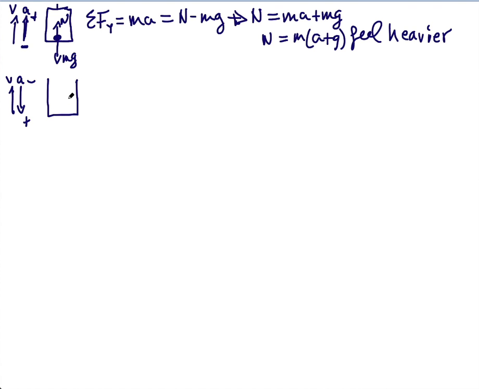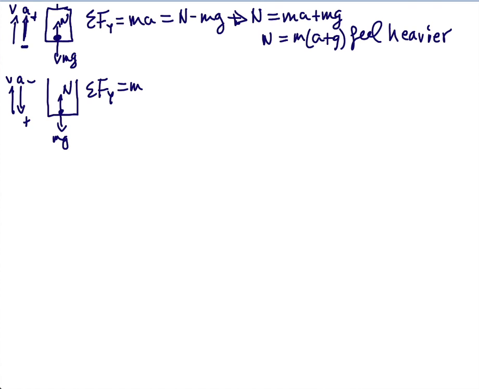Here's the elevator again. We won't even bother with the top. There's the dot, mg down, normal up. Those are still the only two forces acting on your feet on the floor. The normal force is what you feel, though. So when we do the sum of the forces in the y direction, we know this is ma.